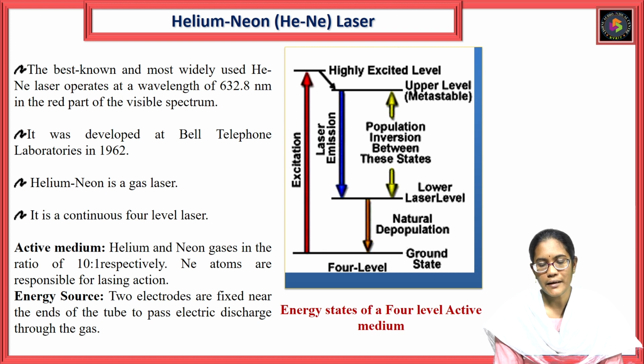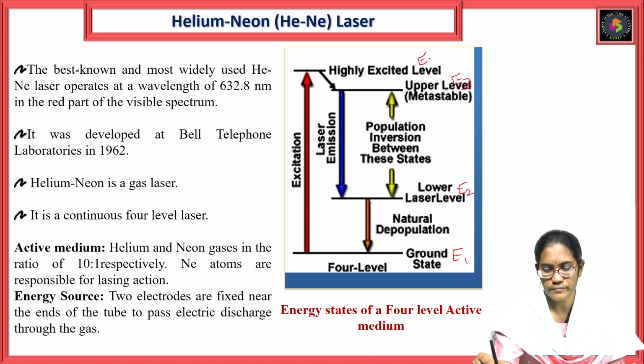First I'll explain the working mechanism of the 4-level laser. The same also works for the helium neon laser. Here, E1 is the ground state and lower energy state, and there are E2, E3 and E4.